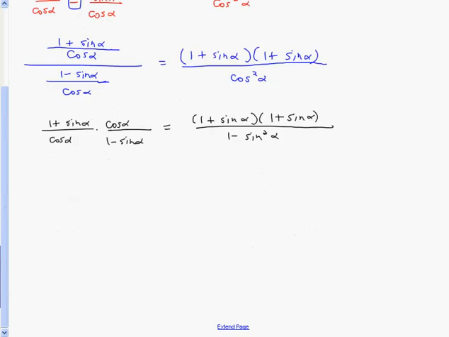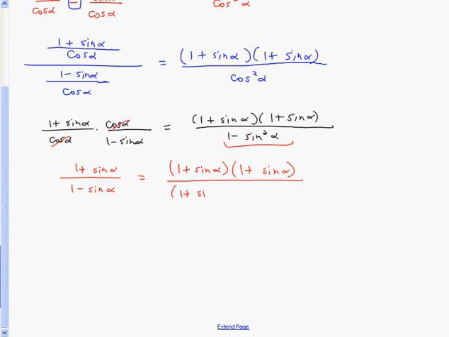That's the Pythagorean identity that I'm doing that by. The cosines go out, and I'm left with 1 plus sine of alpha over 1 minus sine of alpha. Here I've got my 1 plus sine of alpha on top, and I have 2 of them. On bottom, this is a difference of squares. It breaks into 1 plus sine of alpha and 1 minus sine of alpha.